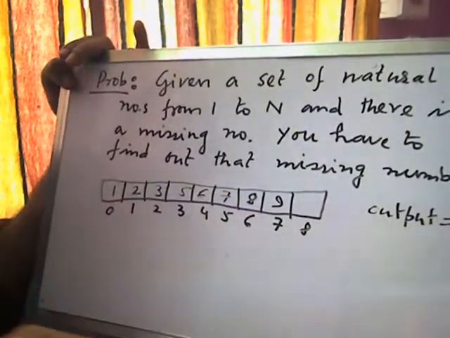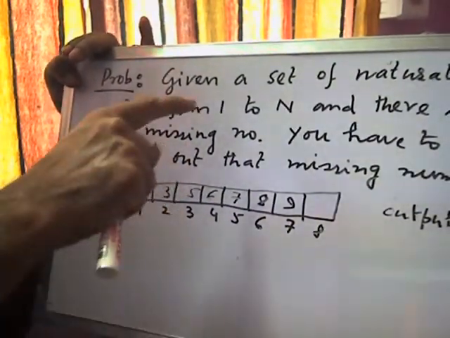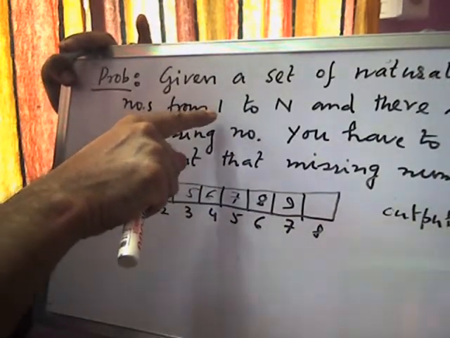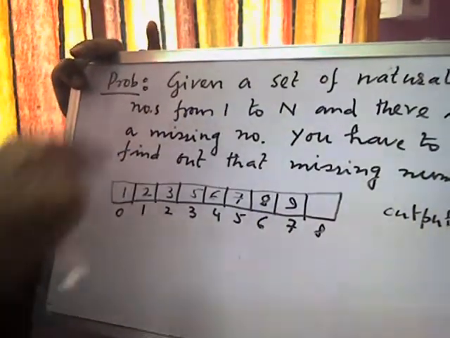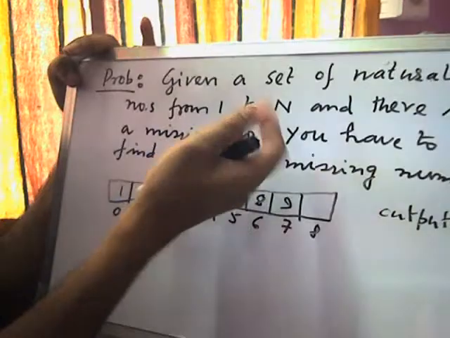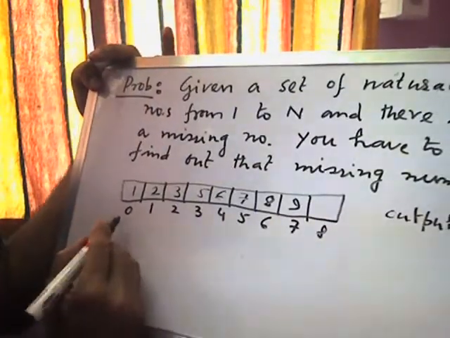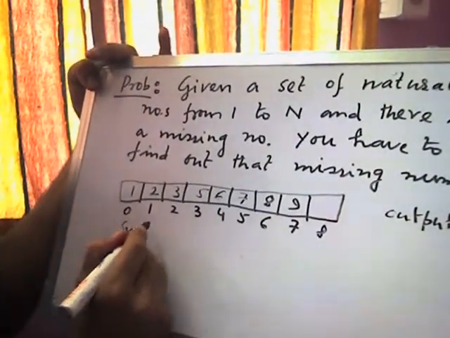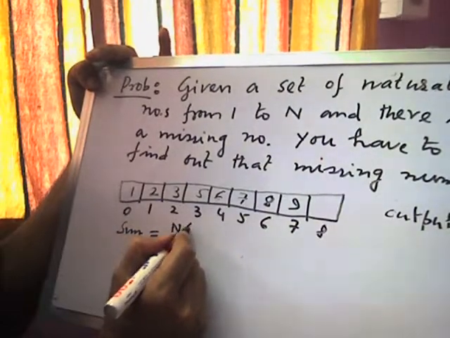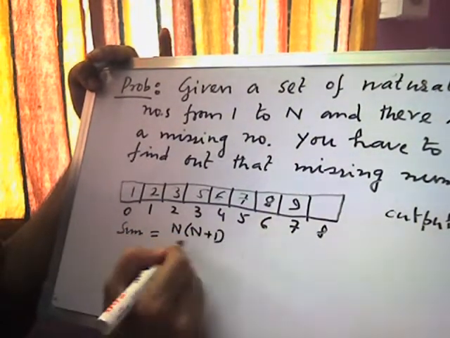So how do we find this? The very simple solution is, as all numbers are from 1 to n, take the sum of 1 to n, which is n into n plus 1 by 2, that you know.